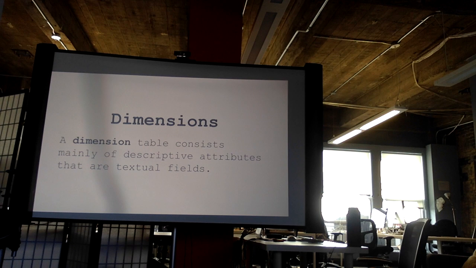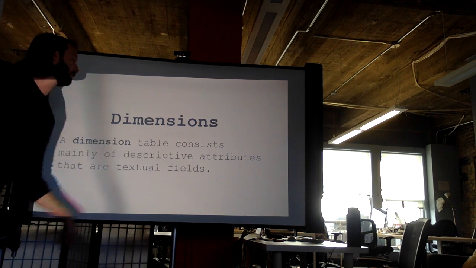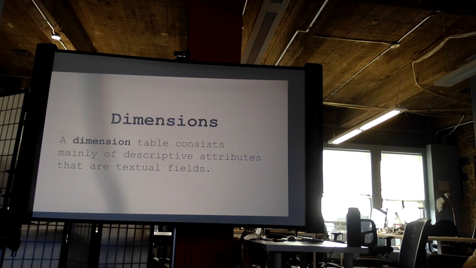So it's like a time or a date, or a person, or a thing that has stuff done to it. And this part is really important: the descriptive textual fields. That means we don't want dimensions to reference other dimensions or facts or anything. They're just a single descriptive attribute.